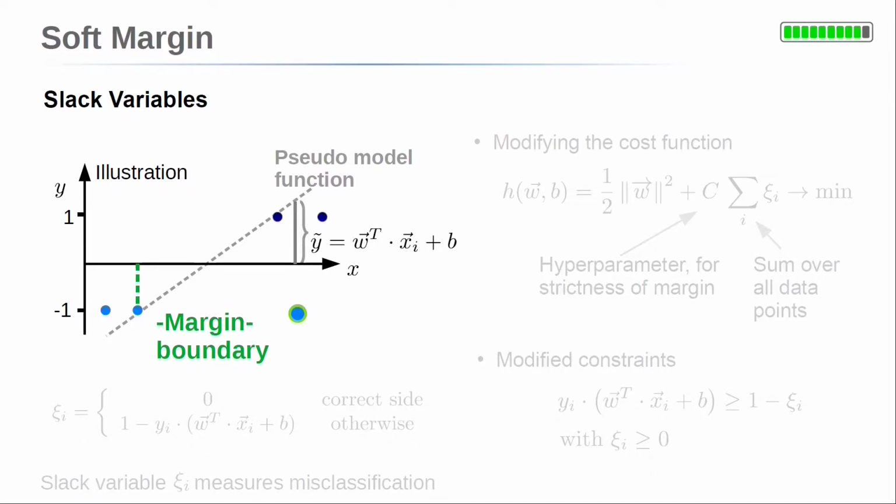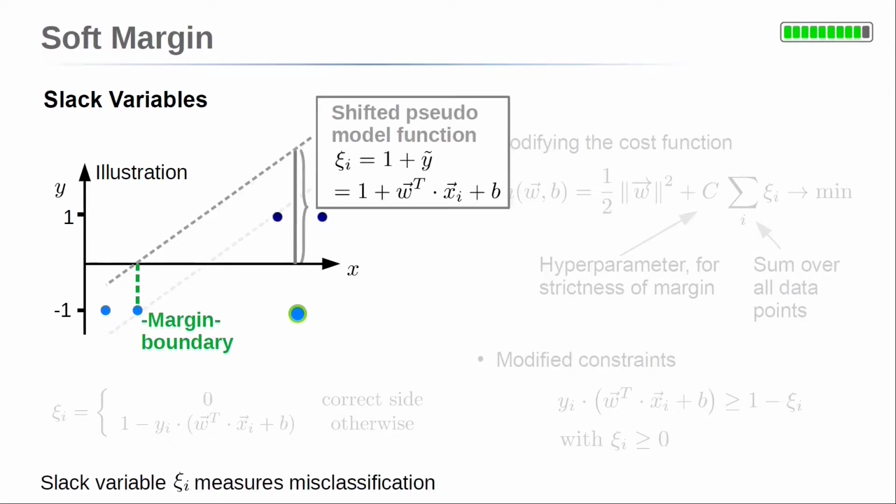The pseudo-model function is -1 at the minus margin boundary. Therefore, we shift this function upwards by 1. The corresponding value defines our slack variable value xi for this data point. So the value is 1 plus y tilde.